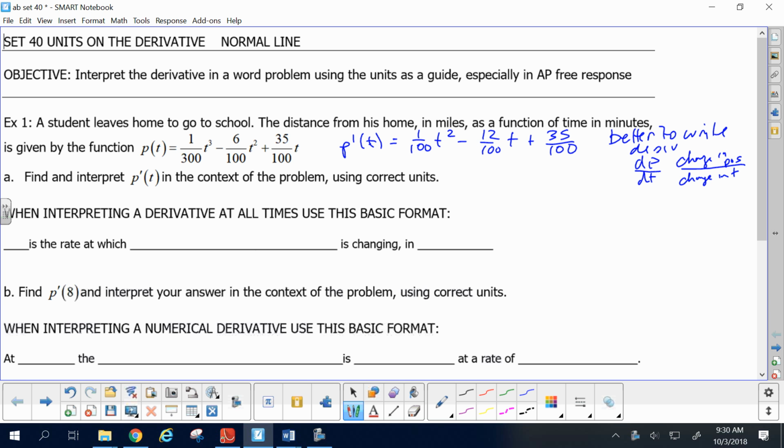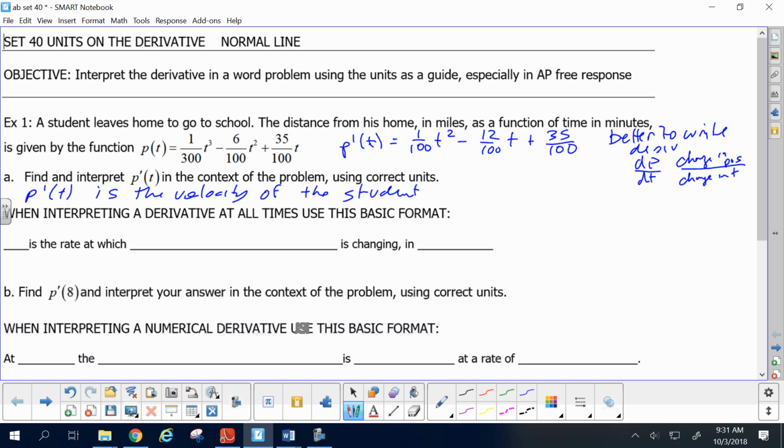What is change in position with time? Velocity. Okay, now in this case, there's a physics interpretation to it. Sometimes it won't have a physics connection. They're not all going to be physics problems, but in this case, it's physics. P prime at t is the velocity of the student.